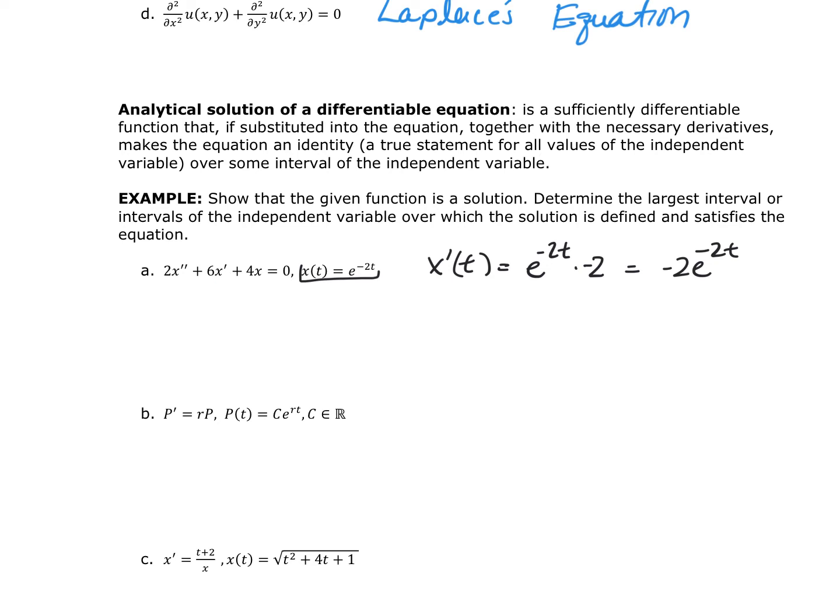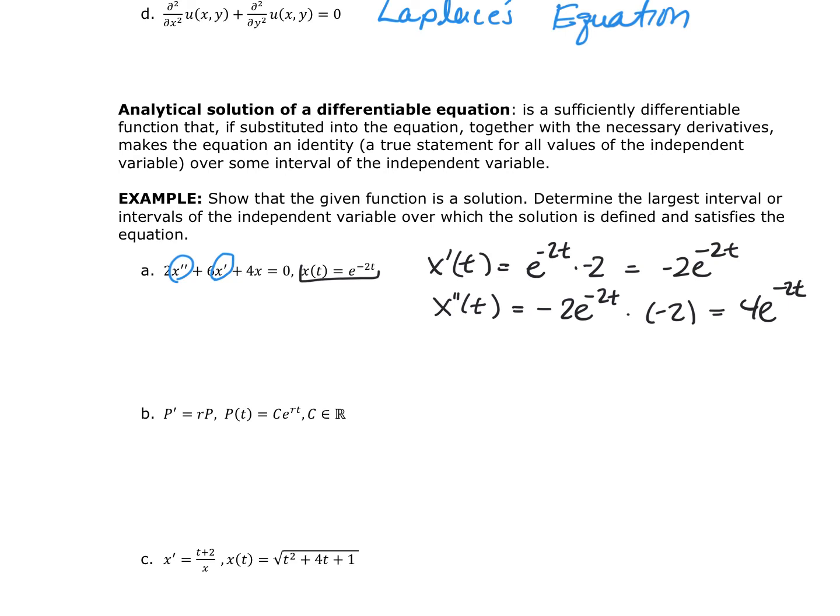Now I'm going to replace x prime with negative 2e raised to the negative 2t. And then I also need my second derivative. So my second derivative with respect to t is going to be negative 2e raised to the negative 2t multiplied by another negative 2, which gives me 4e raised to the negative 2t. Now I have a replacement for x double prime.